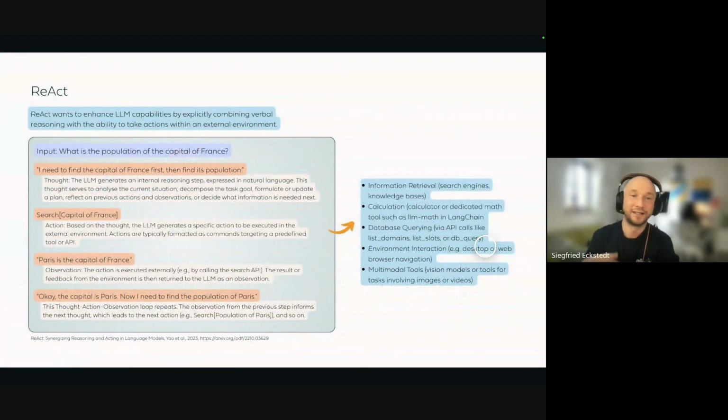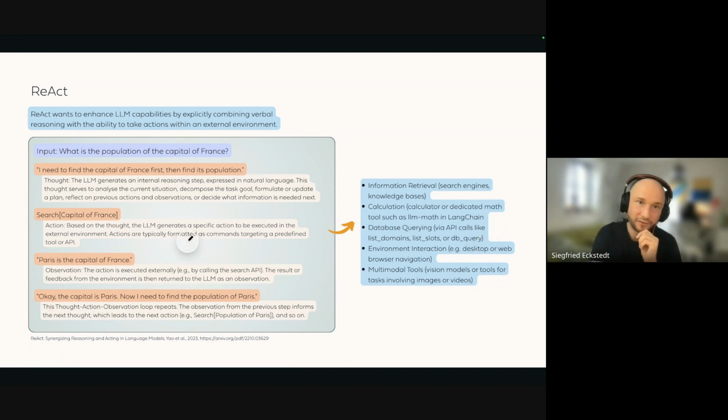All right. What's the core idea here? The core idea is that you extend the capabilities of a large language model by combining the verbal reasoning with the ability to take actions. And these actions usually are informed by an external environment.